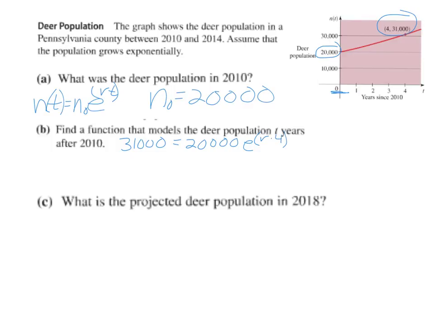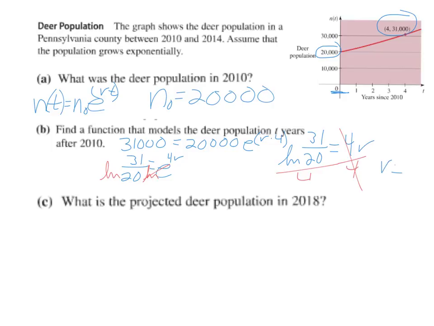Now we can solve for r. If we divide both sides by 20,000, we can mark out the zeros and have the fraction 31 over 20 is e to the 4r. Natural log both sides. Natural log of 31 over 20 equals 4r, and divide by 4. And we get that r is 0.1096.